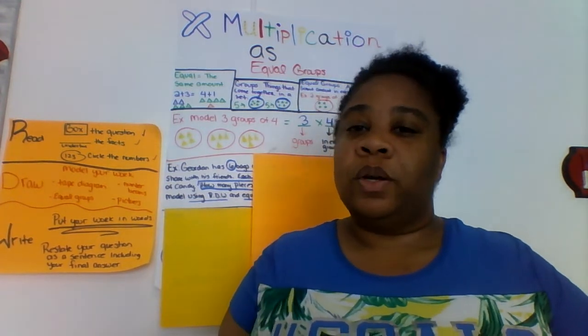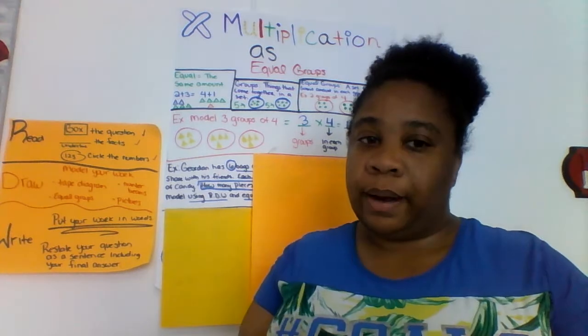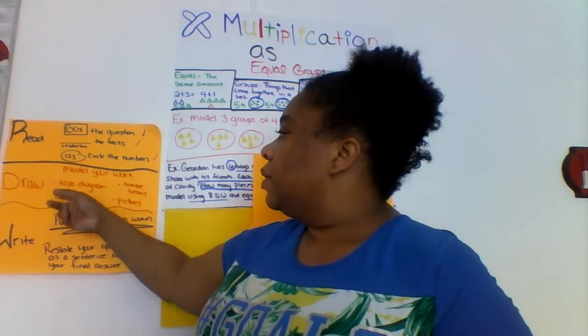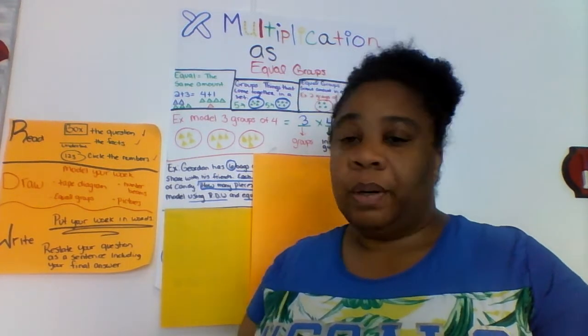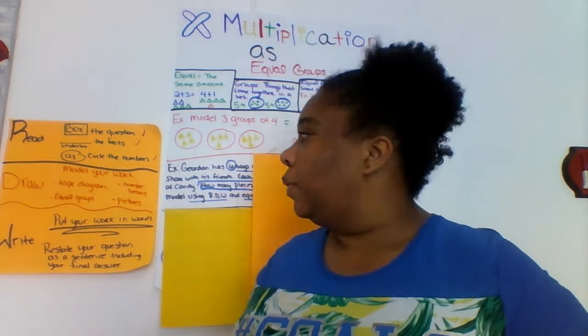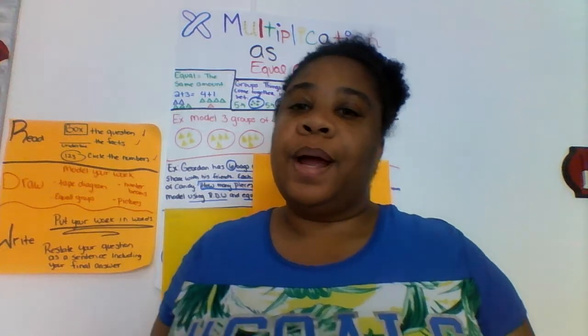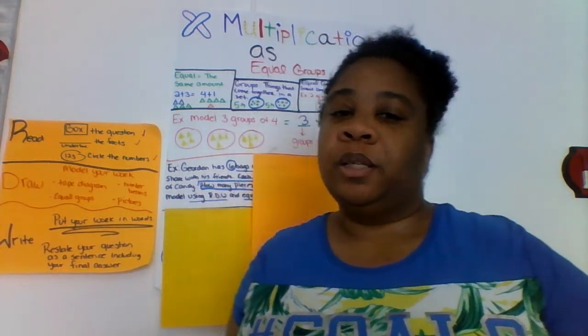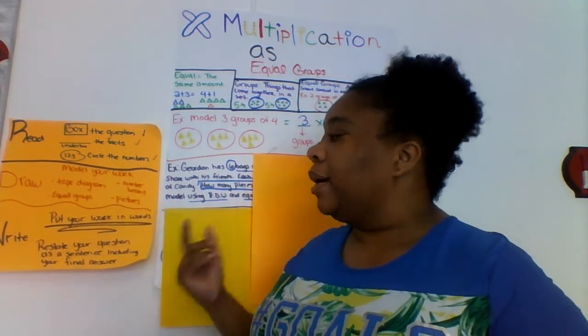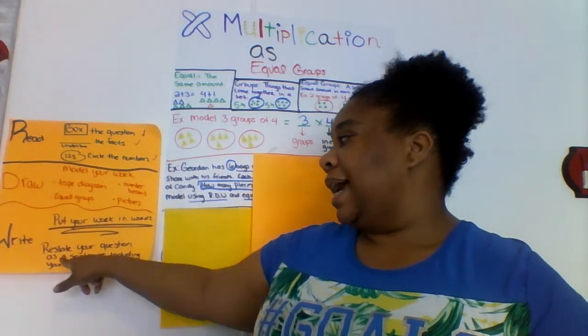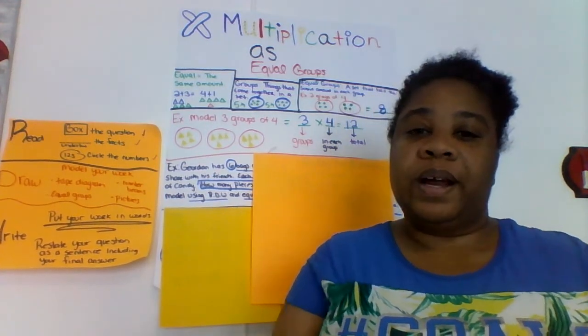You have to model your work. There are multiple ways you can model your work. Here are a few. Use a tape diagram, number bonds, pictures, or as we're doing today, equal groups. Then write. You're going to put your final answer in a sentence. Put your work in words. Restate your question as a sentence, including your final answer.